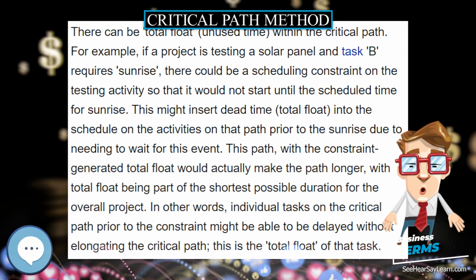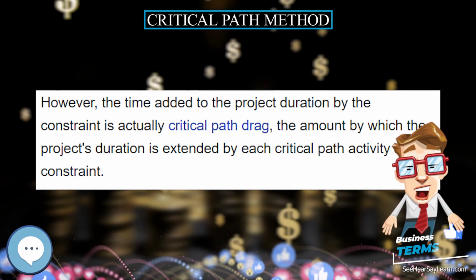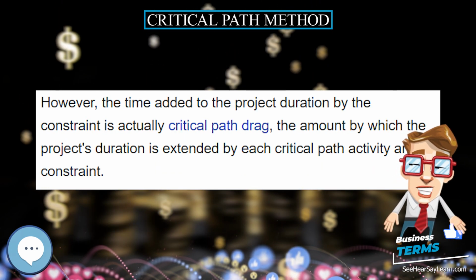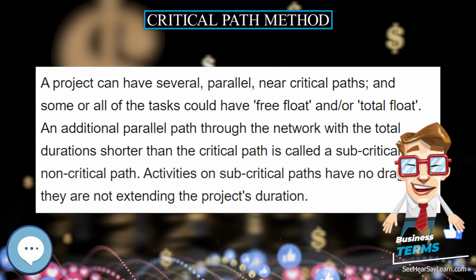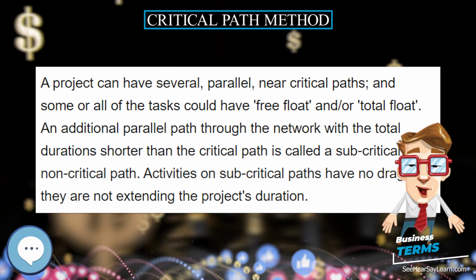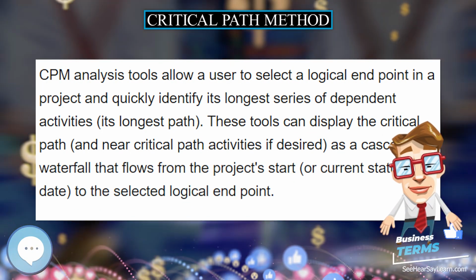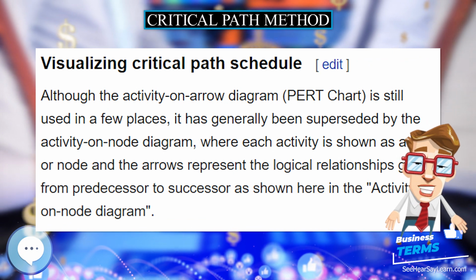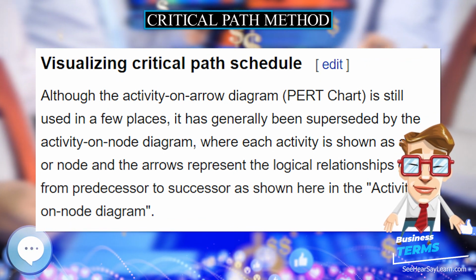A project can have several, parallel, near-critical paths, and some or all of the tasks could have free float and/or total float. An additional parallel path through the network with the total durations shorter than the critical path is called a subcritical or non-critical path. Activities on subcritical paths have no drag, as they are not extending the project's duration.